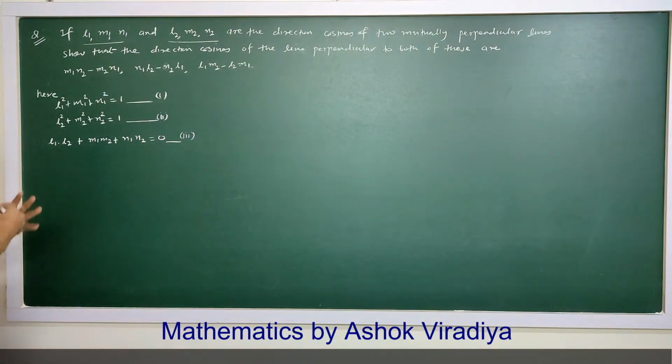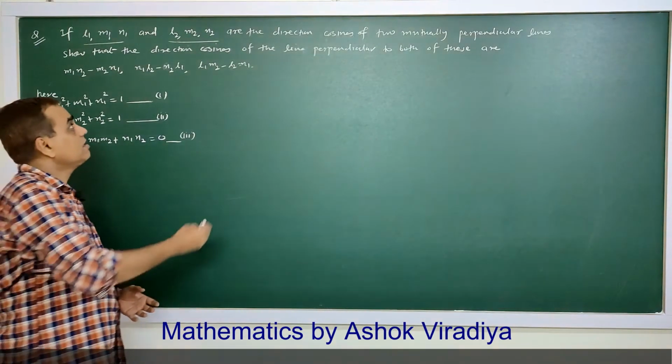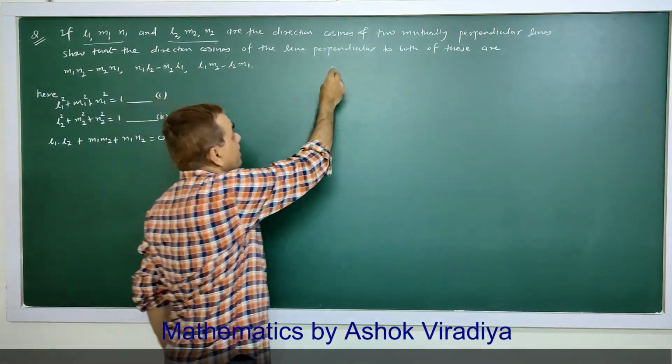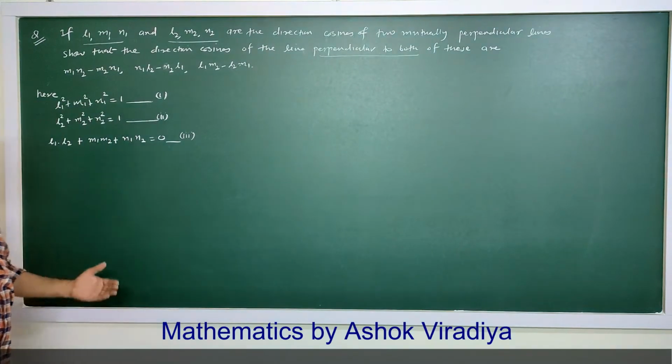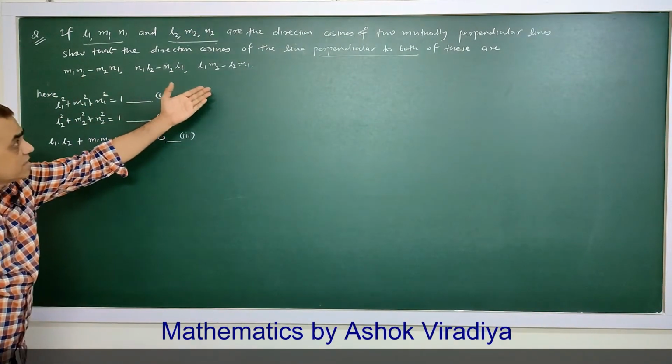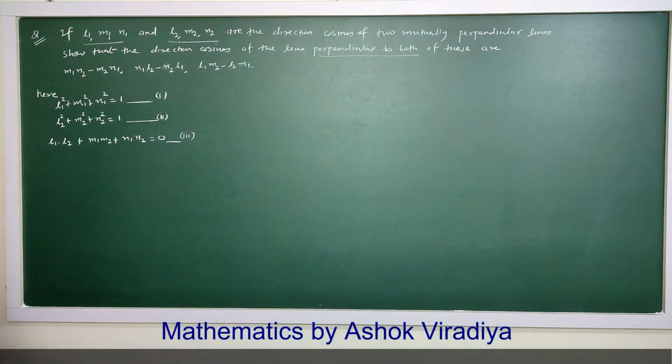So using this, we want to show that a line which is perpendicular to both has these numbers as direction cosines.